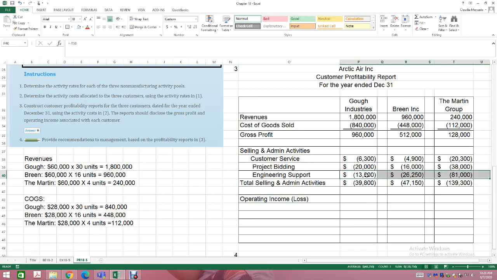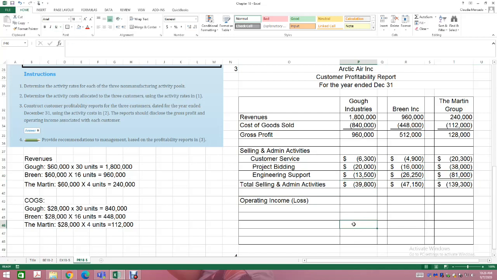Let me just go ahead and underline this. To calculate your operating income or loss, you're going to take your gross profit minus your total selling and admin activities. That's going to give you those numbers.